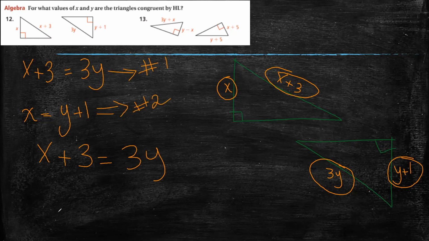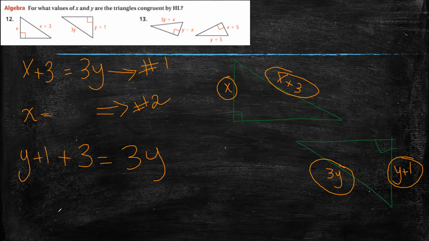Now, in the first equation, x plus 3 equals 3y. Can I now substitute x with y plus 1? Yes. So I will bring y plus 1 and put it instead of x, because x plus 3 is equal to 3y.